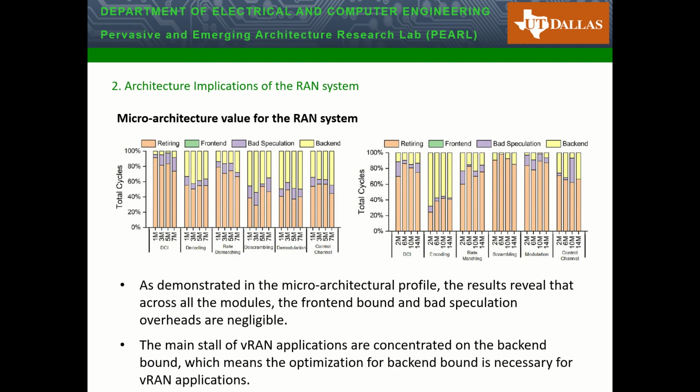The main stalls of the VRAN applications are concentrated on the backend bound, which means optimization for backend bound is necessary for VRAN applications. Backend bound can be divided into memory bound and core bound. Memory bound means execution units getting starved because of congested memory. Core bound means execution ports utilization is suboptimal.